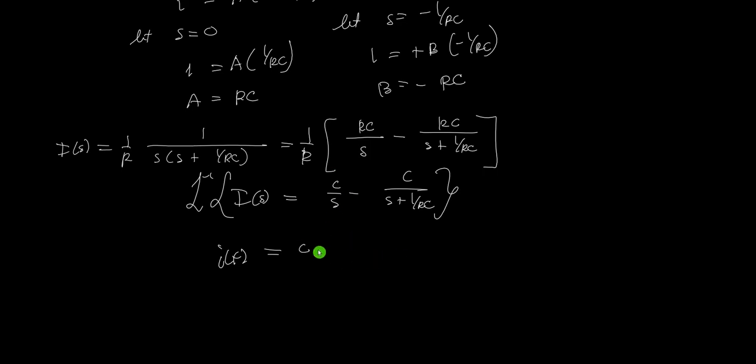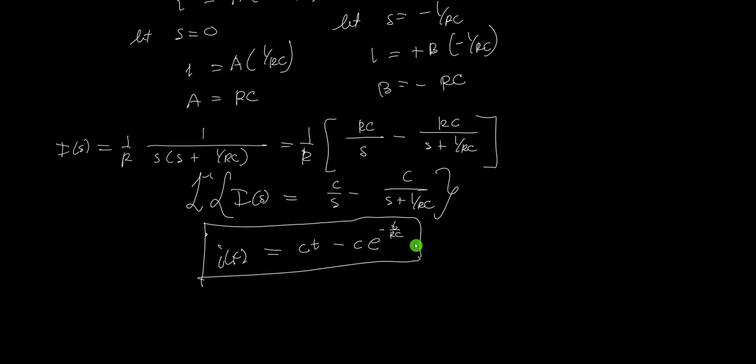So this will be C times t. Then minus this one, 1 over s plus 1 over RC. Again, that's just e. So C times e raised to minus t all over RC. And this is our unit impulse response for an RC circuit.